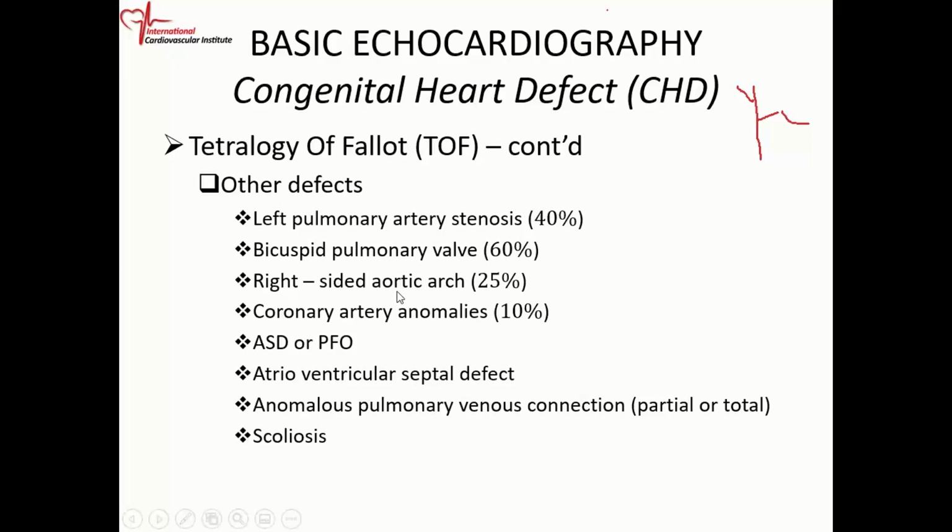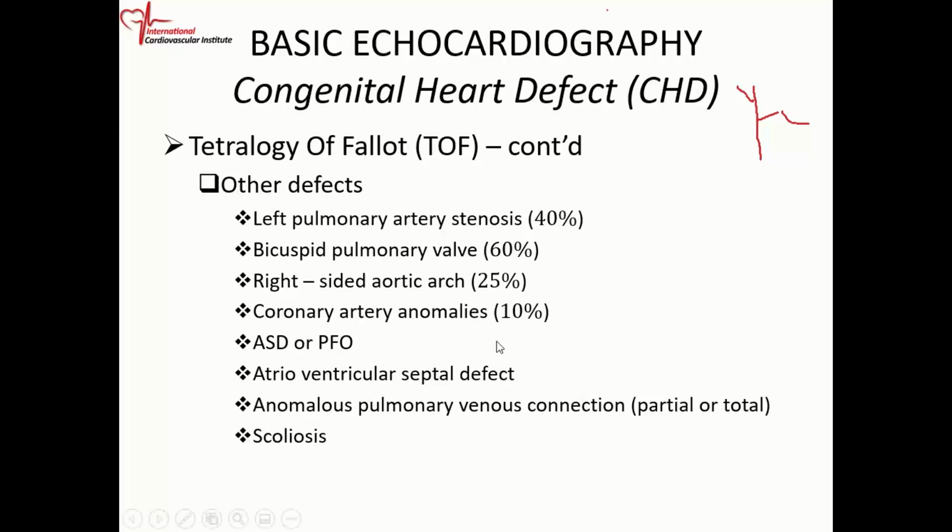You can have a right-sided aortic arch. Instead of the aortic arch going to the left, it can go to the right in 25% of patients. Coronary abnormalities, that is where the normal thing is that the right coronary artery arises from the right coronary cusp. The left main coronary artery comes from the left coronary cusp.